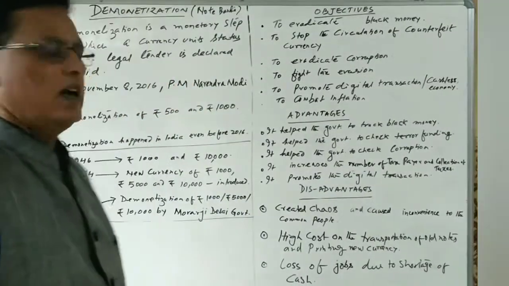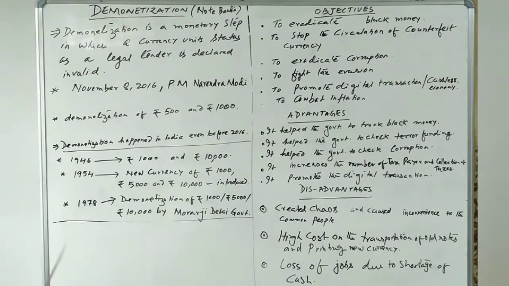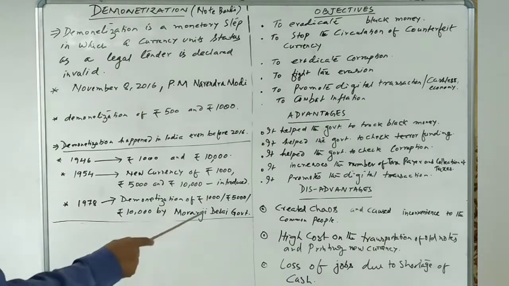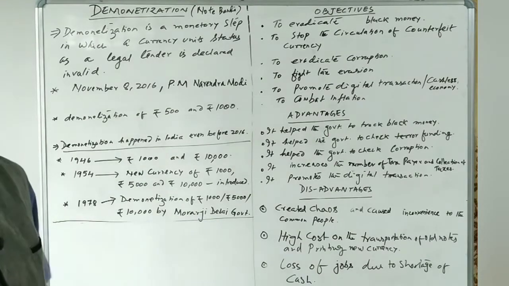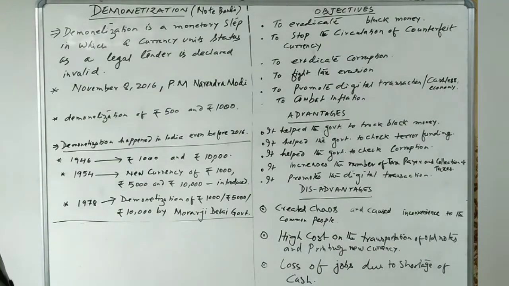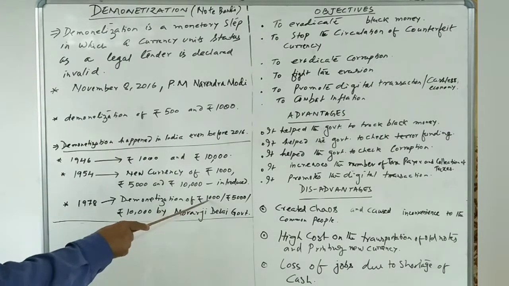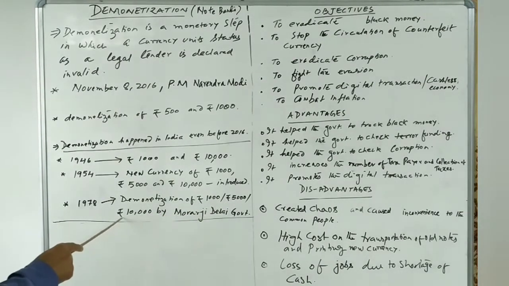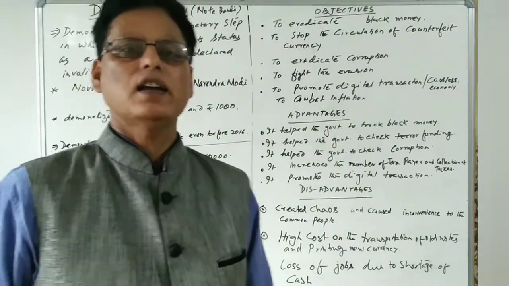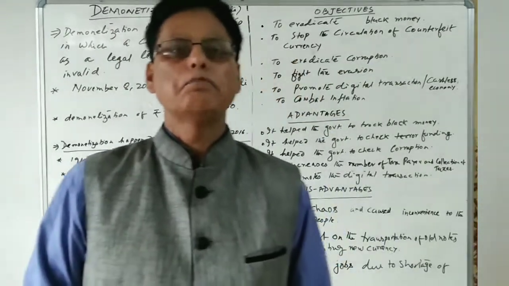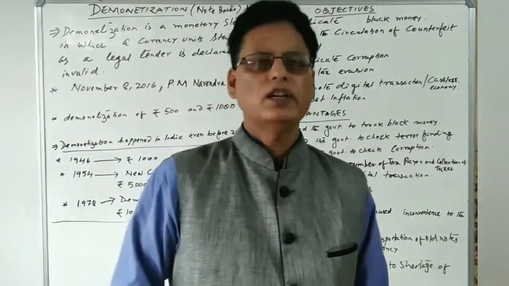Again, demonetization was done by the government of our country when the Morarji Desai government was there. When Morarji Desai was the Prime Minister, he announced the demonetization of rupees 1000, 5000 and 10,000, and he made it so that this currency will no longer be legal tender money.